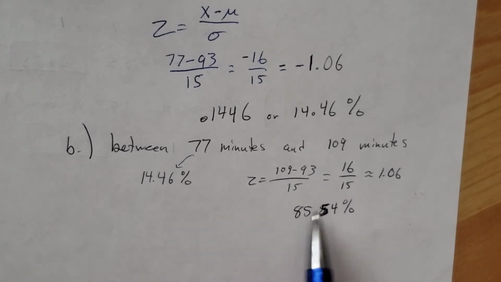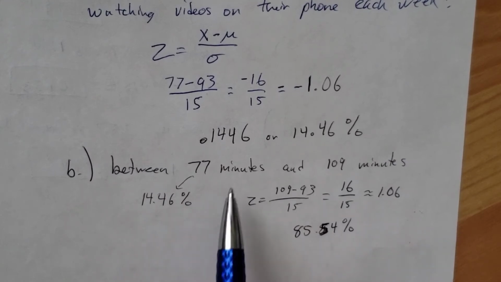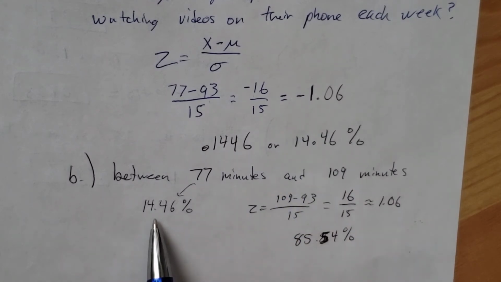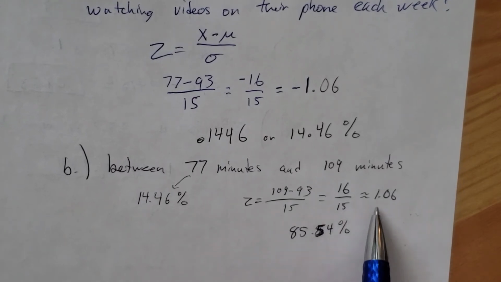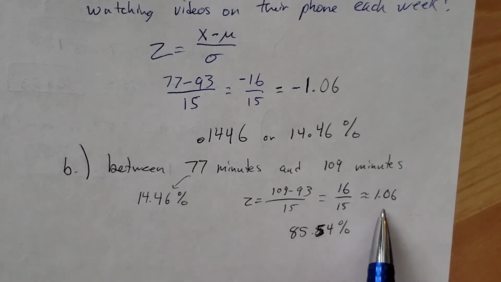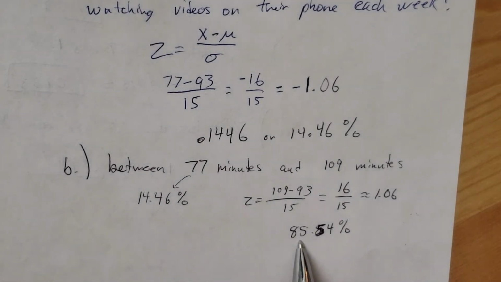Well, that is 85.54%. Because the normal distribution is symmetric, if we have a z-score of negative 1.06, then the percentage below that is 14.46%. So if we have a z-score of positive 1.06, then the percentage above that should be 14.46%. In other words, the percentage below positive 1.06 should be 85.54%, the complement of the 14.46%.